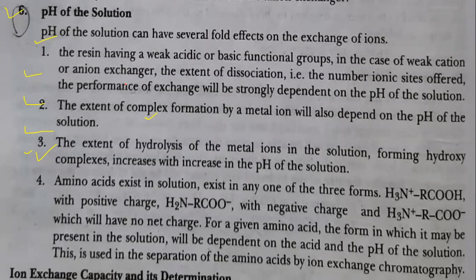When an amino acid exists in the solution, it exists in any one of three forms. Here it is an amino acid with N+, and this is the acidic functionality. Here it is a cationic form, an anionic form, or a neutral form, where both positive and negative charges are present.